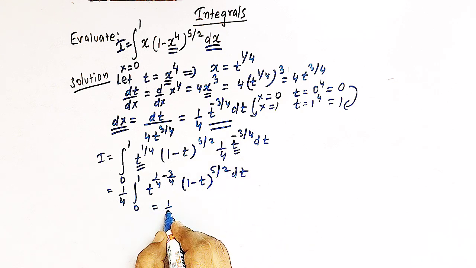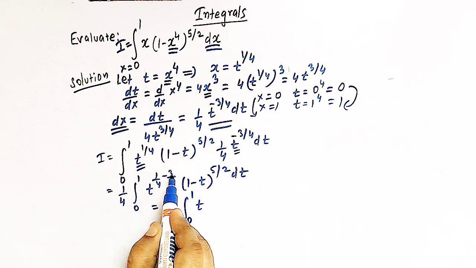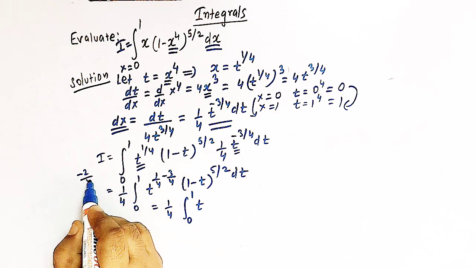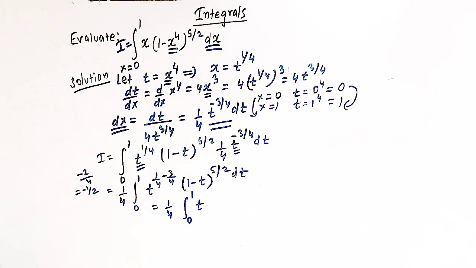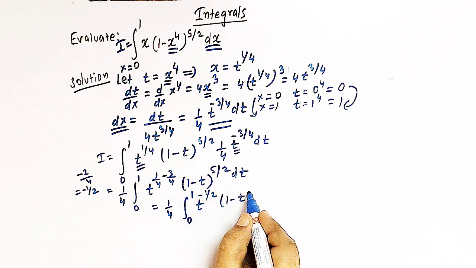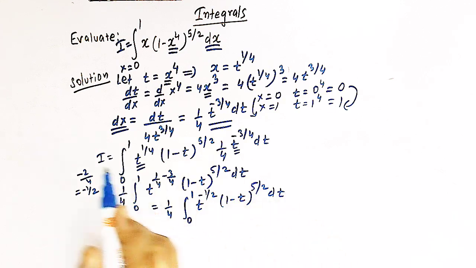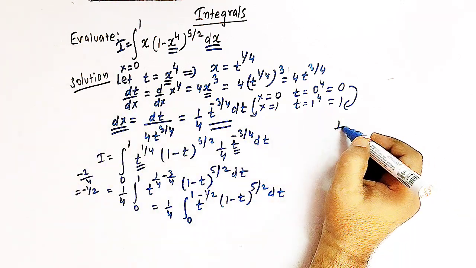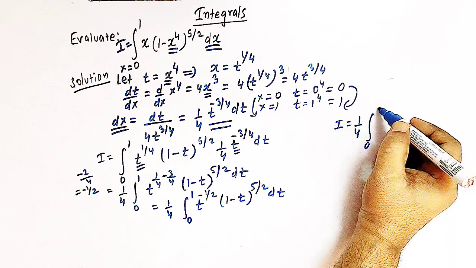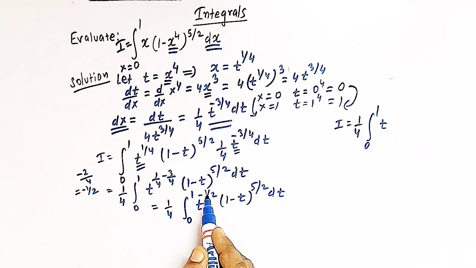Now we can write 1/4 and the integral from 0 to 1, and here we have 1 minus 3 is minus 2, divided by 4, so this is minus half. So we have t^(-1/2) and (1 minus t)^(5/2) dt. So our integral I is now 1/4 times the integral from 0 to 1 of t^(-1/2).